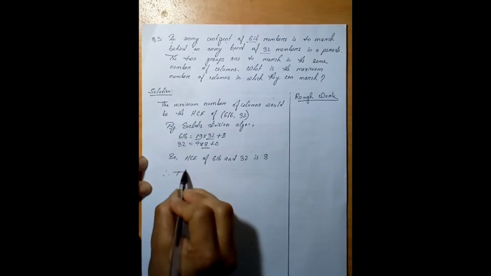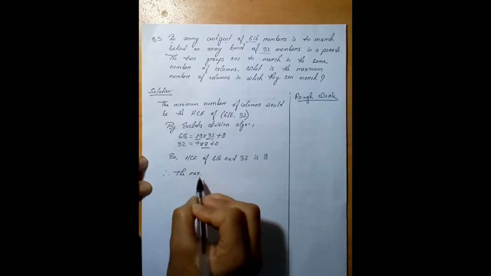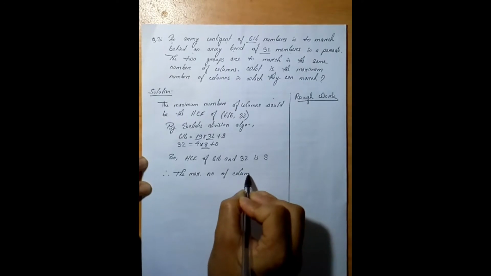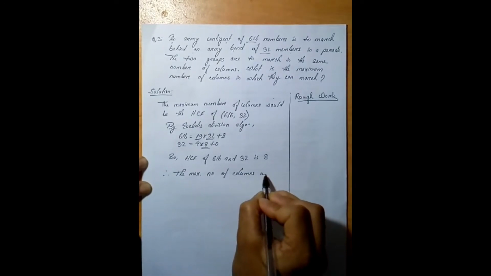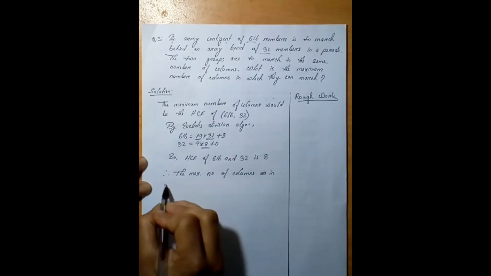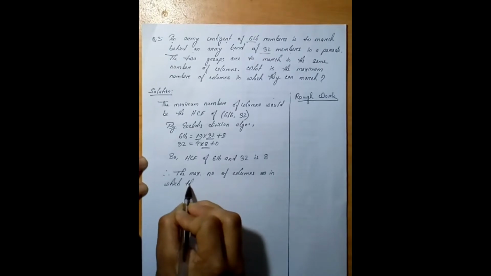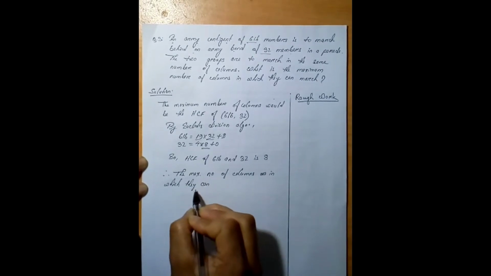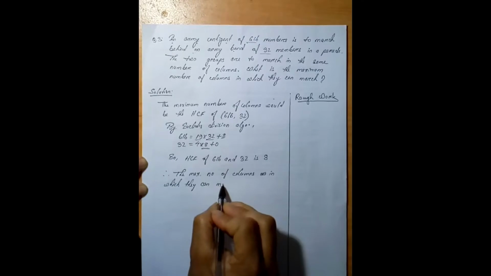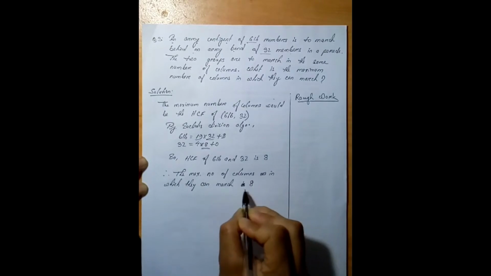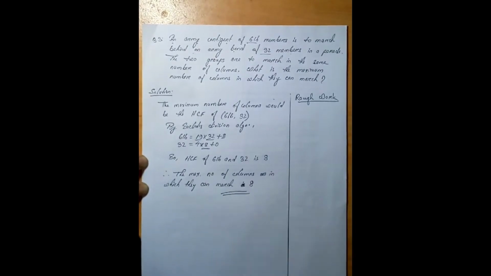So therefore, I'm writing in short form, the maximum number of columns in which they can merge is 8, and this is the answer.